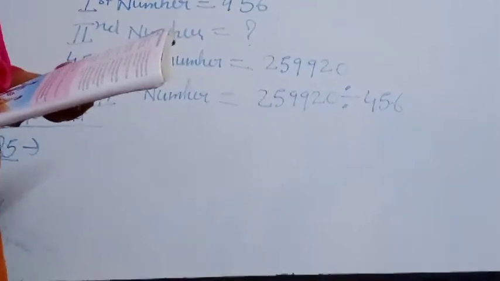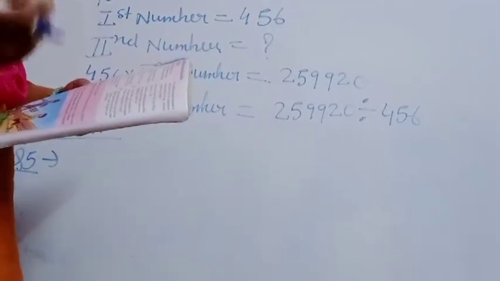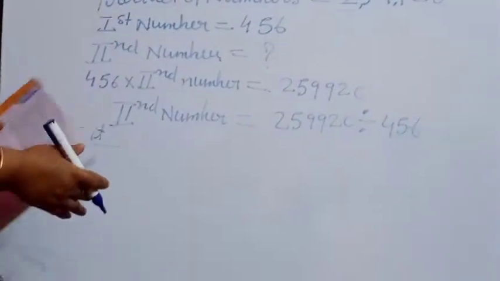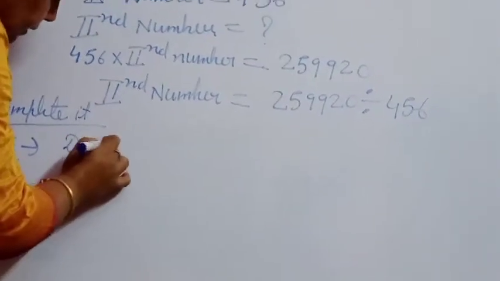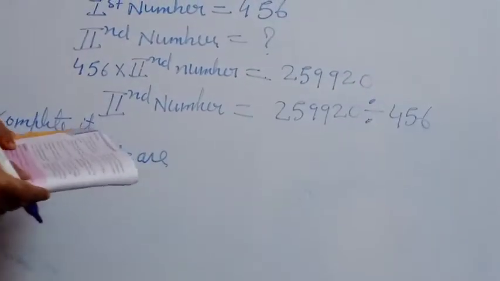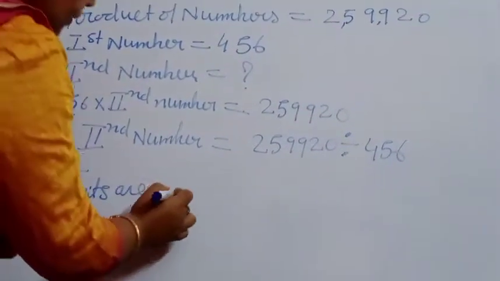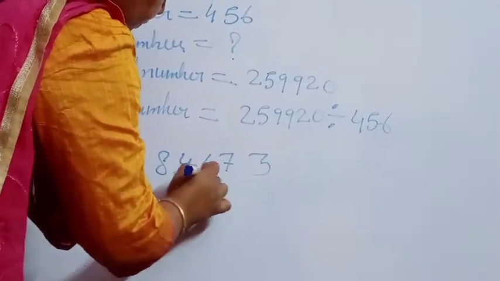You will make the greatest number and then the smallest number, and then you will find their difference, meaning greatest minus smallest. See what the digits are. Digits are 8 4 6 7 3. 8 4 6 7 3.